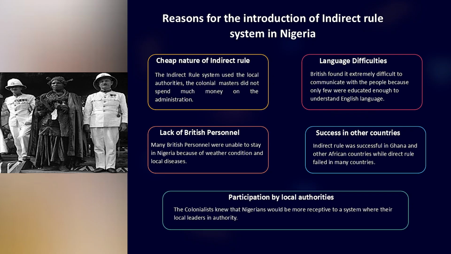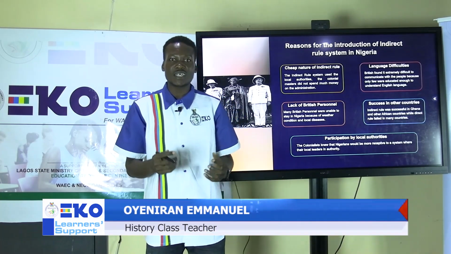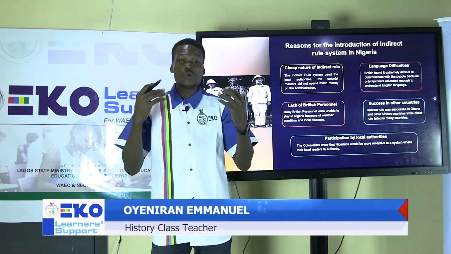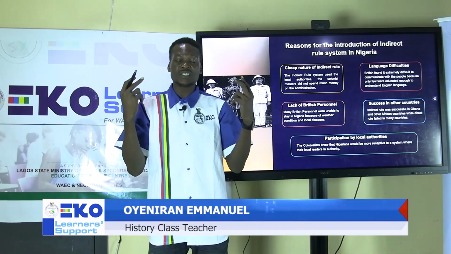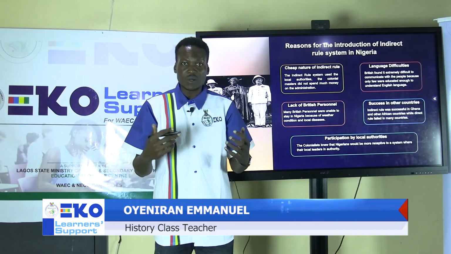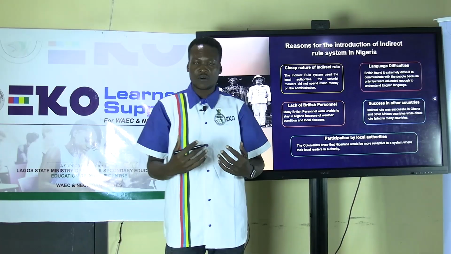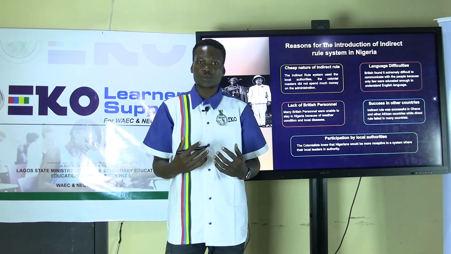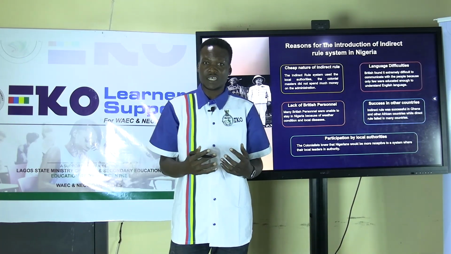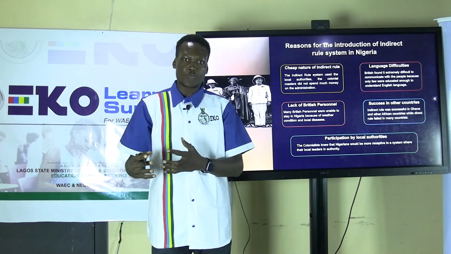The British colonialists knew that there would be a lot of rebellion from the indigenous people, and that the people would always listen to their traditional rulers because they hold them in high esteem. That was why the colonialists tried as much as possible to involve the local authorities, in order to have good cooperation with the people.